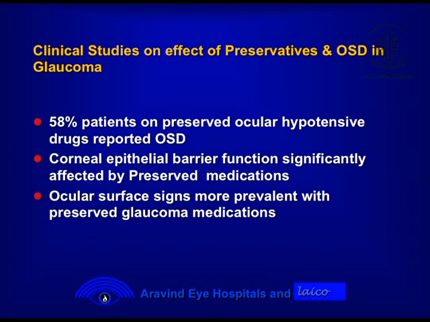More than half of patients on preserved ocular hypertensive drugs seem to report symptoms of ocular surface disease, and corneal epithelial barrier function is significantly affected by preservatives like BAC. And ocular surface signs are more prevalent with preserved glaucoma medications than unpreserved glaucoma medications.